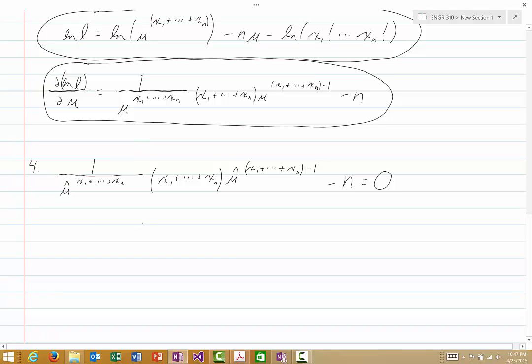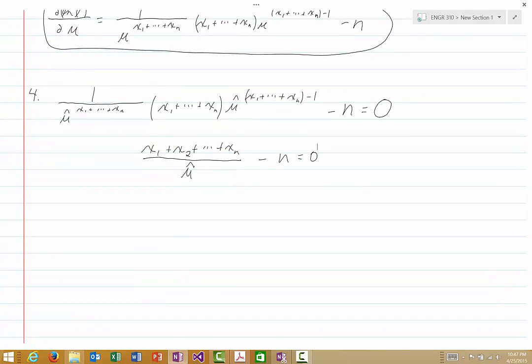So this is the same thing as x1 plus x2 plus dot dot dot plus xn over mu hat minus n is equal to 0.